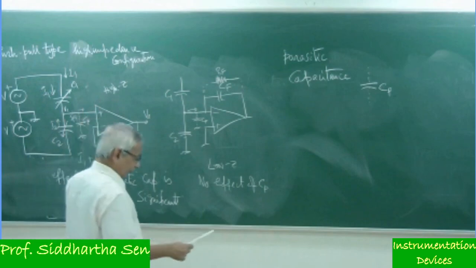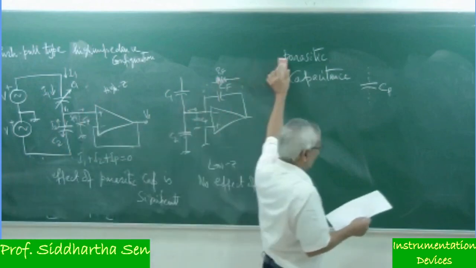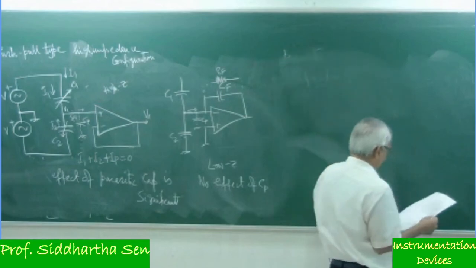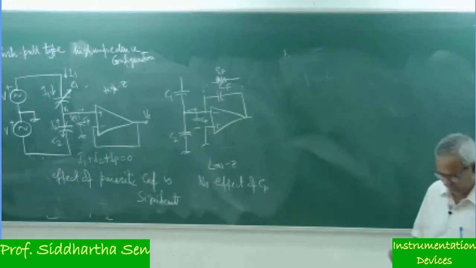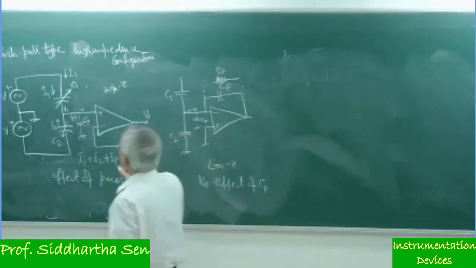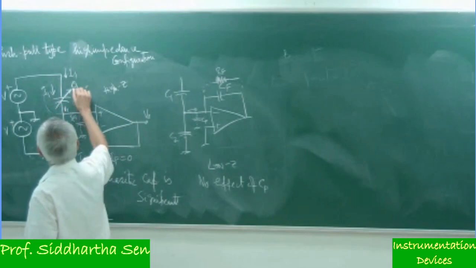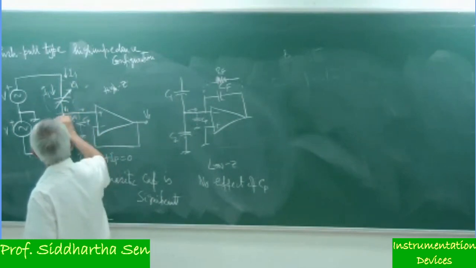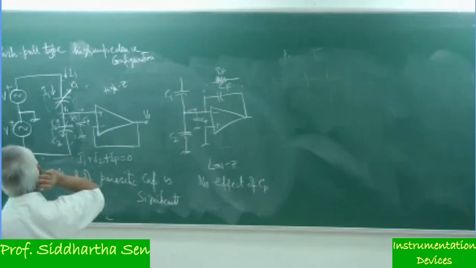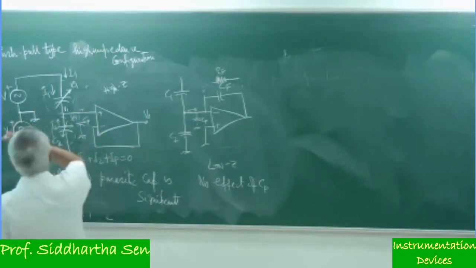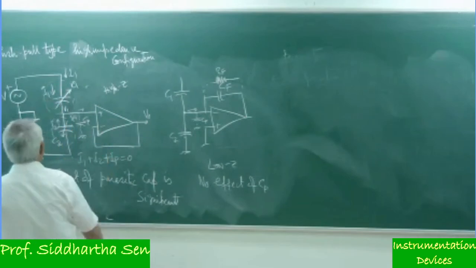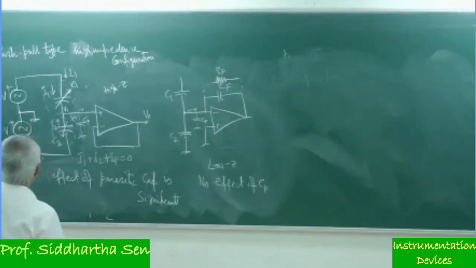So I can show you a simple scheme, they call it a guard. I just wanted to show that, because these sensors have to be always seen to it that no external electric field affects the performance.